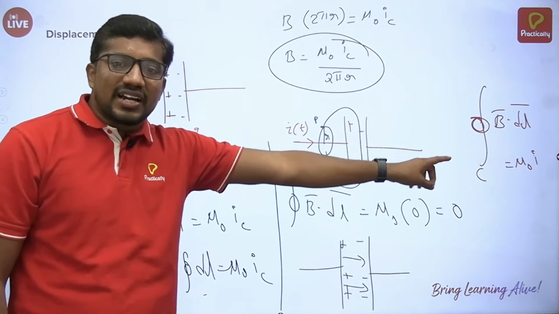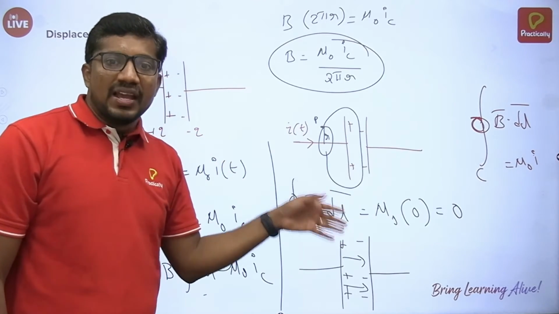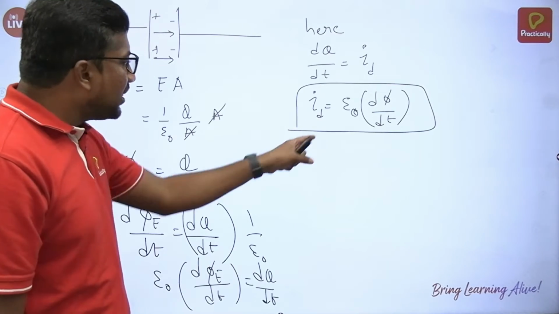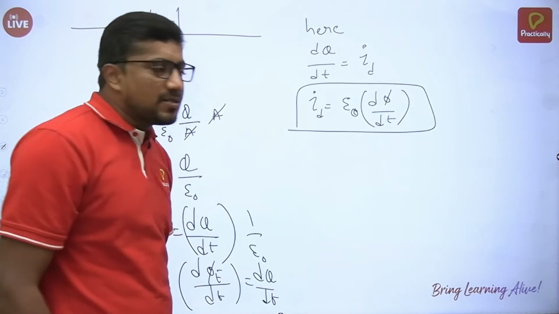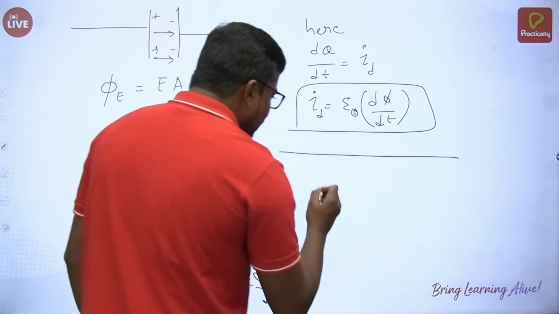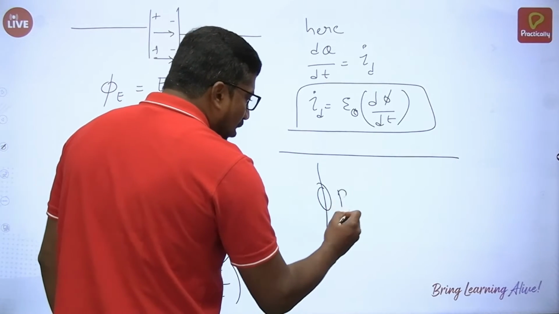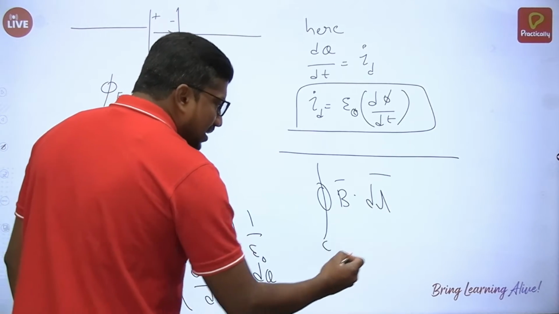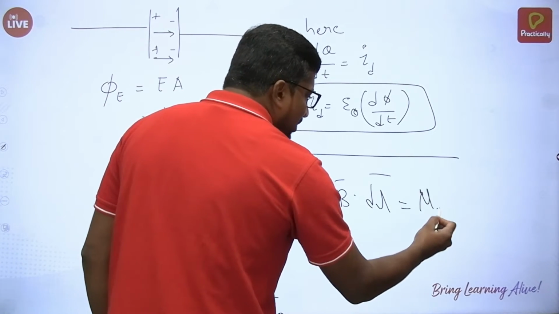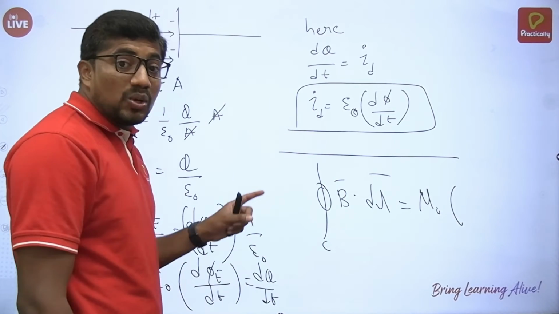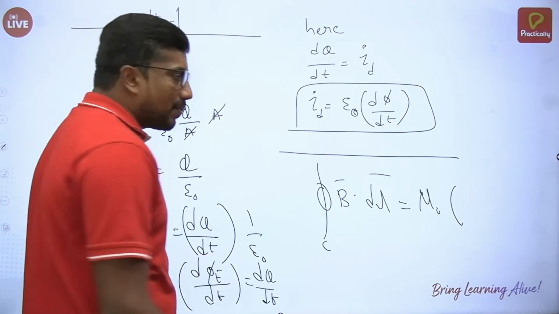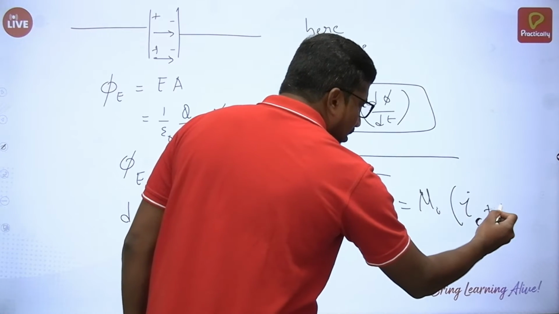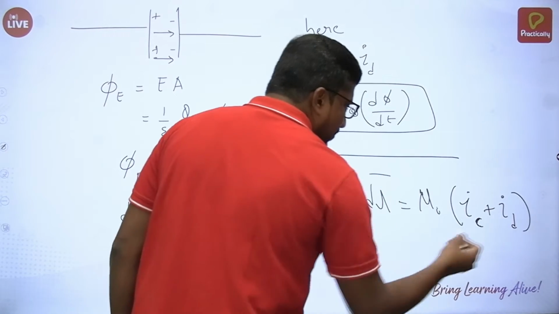So far we have studied, that means before this lesson, and now the modified Ampere circuital law can be written in terms of this displacement current. That is, the closed line integral of the magnetic field over a closed path is equal to mu naught times the total current, which you should represent in terms of conducting current and displacement current.